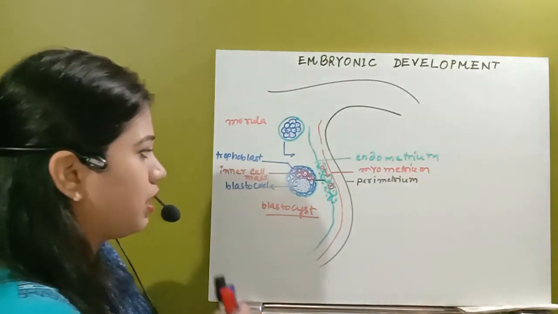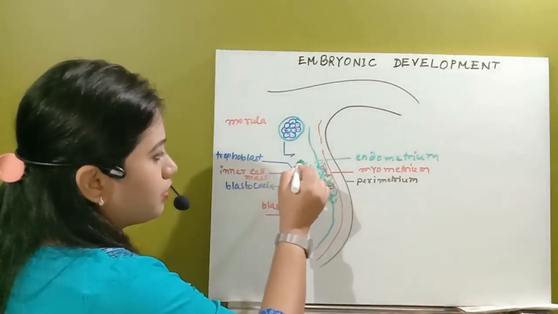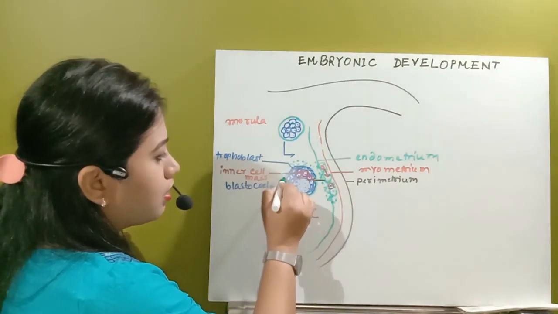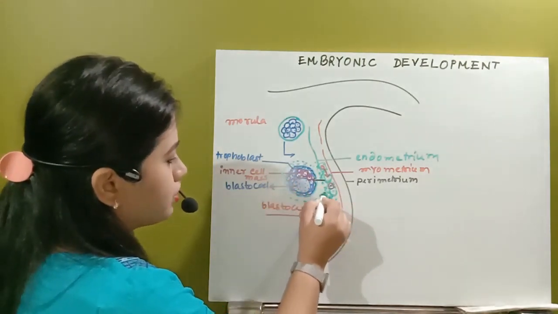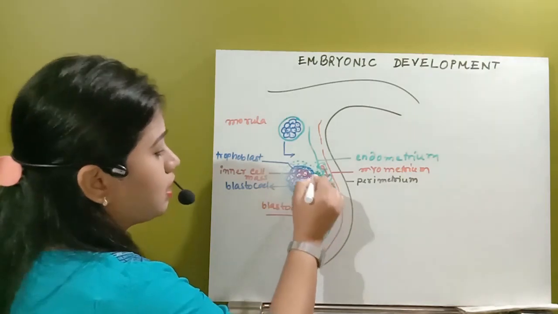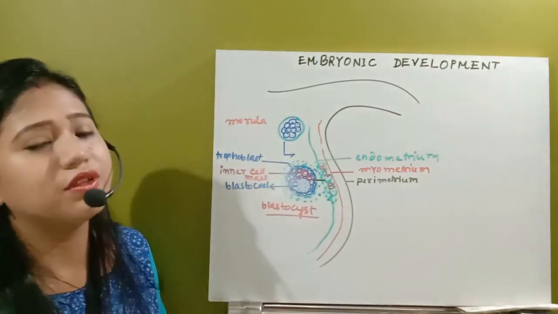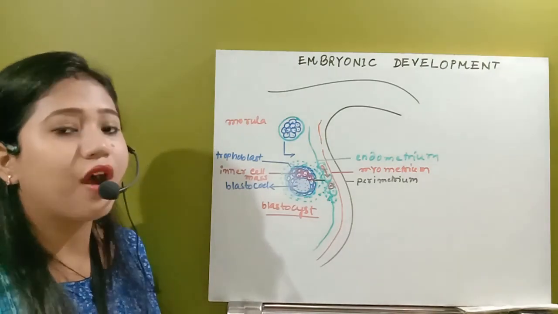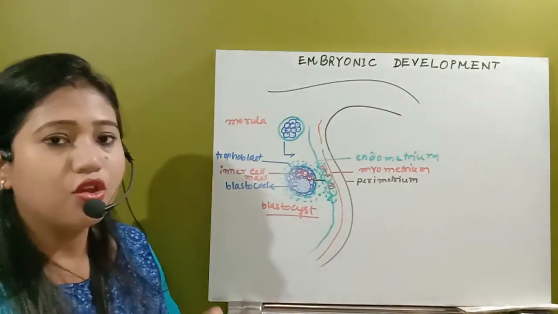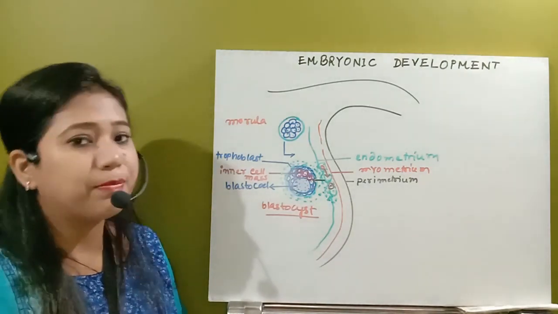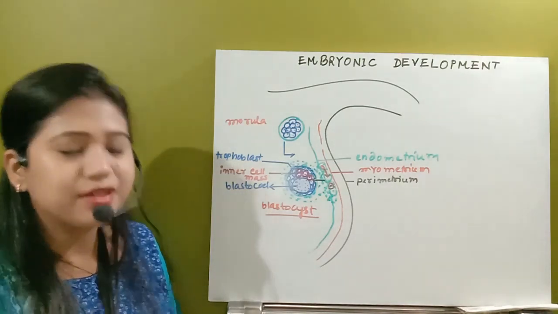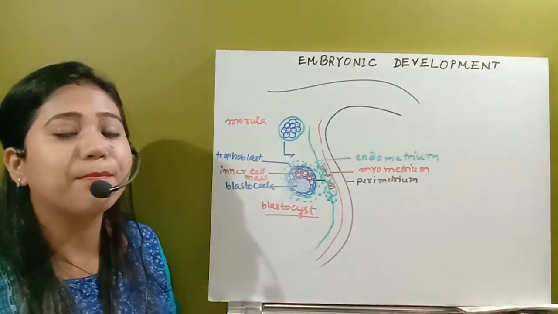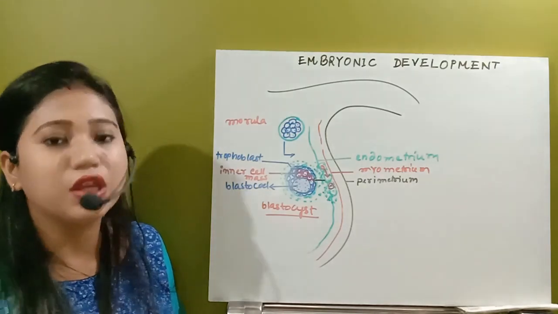See what is happening: the endometrium will completely engulf this blastocyst, and gradually the zona pellucida layer will start to degenerate. What is the main function of the zona pellucida? It helps in implantation and prevents the blastocyst from getting implanted in any other region.